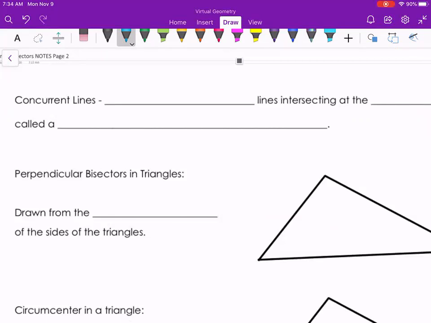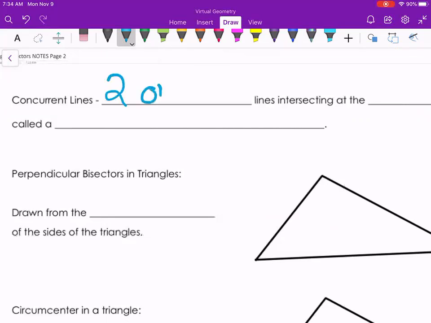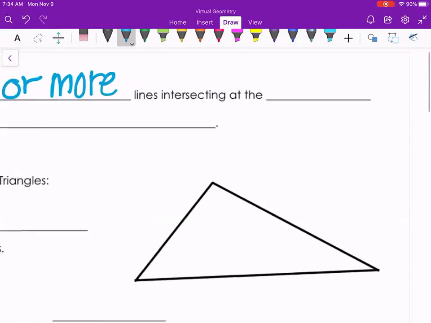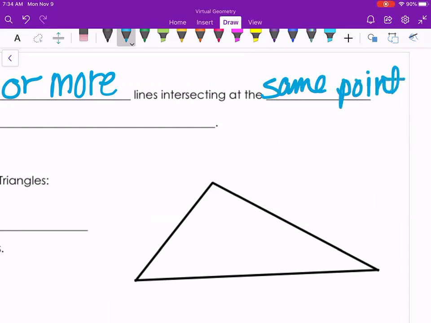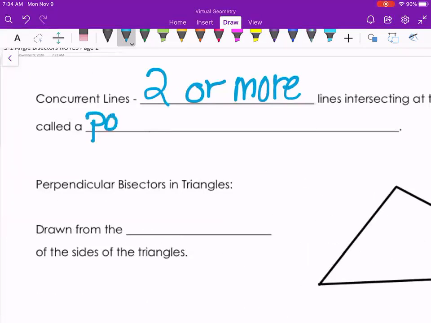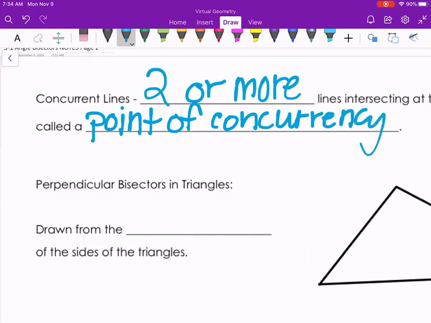Well, these are 2 or more lines intersecting at the same point, and we call that point the point of concurrency.